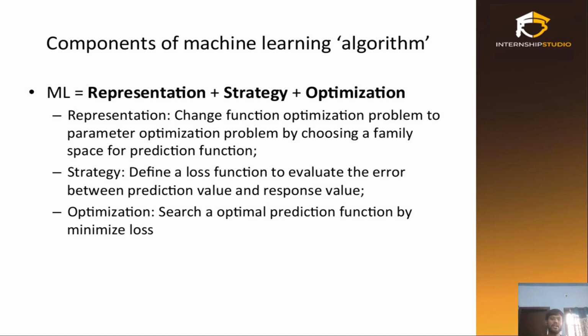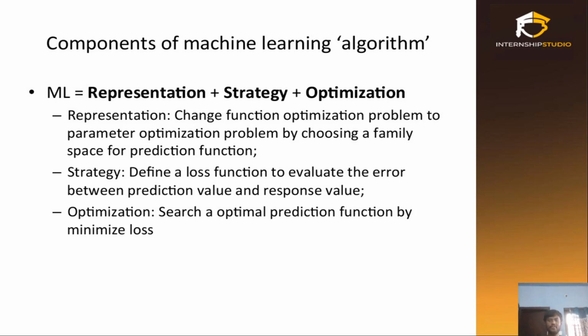So we have the coefficients beta naught and beta 1, or the respective weights or parameters, and we have to change them in such a way that the loss is minimized. That is the representation.